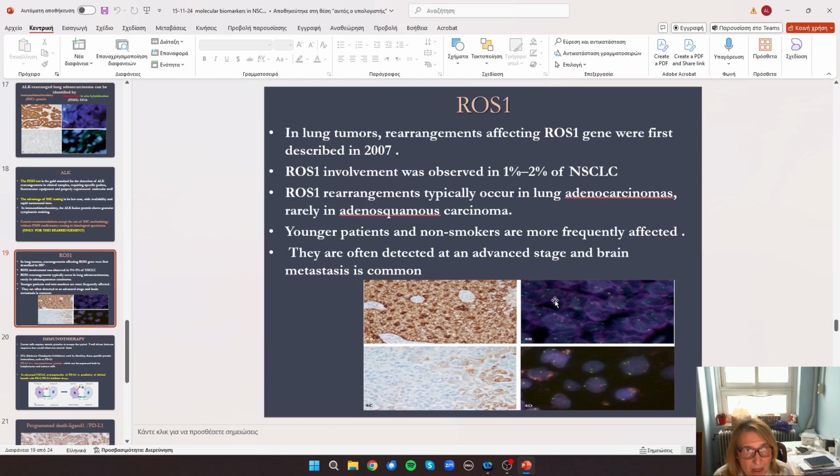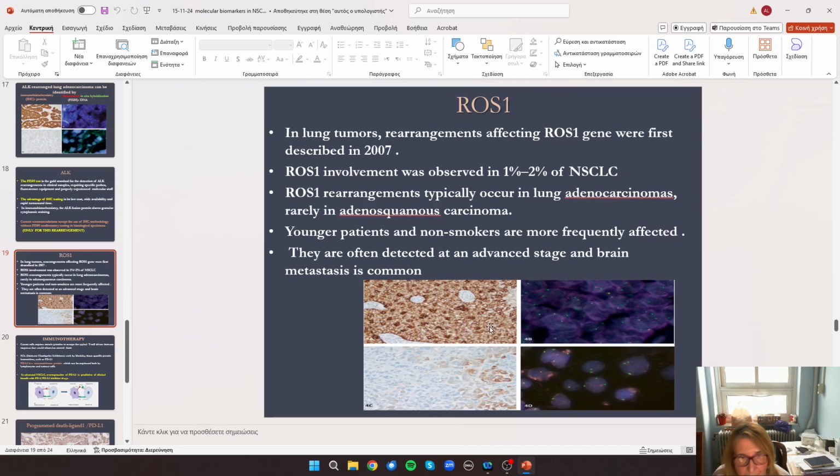Gene rearrangements are observed in 1% to 2% of non-small cell lung cancer, and they typically occur in lung adenocarcinomas, rarely adenosquamous carcinoma, and they affect younger patients, non-smokers. They are often detected at advanced stages, and the patients frequently have brain metastasis.